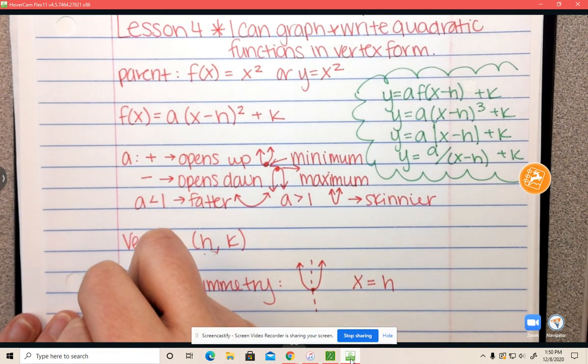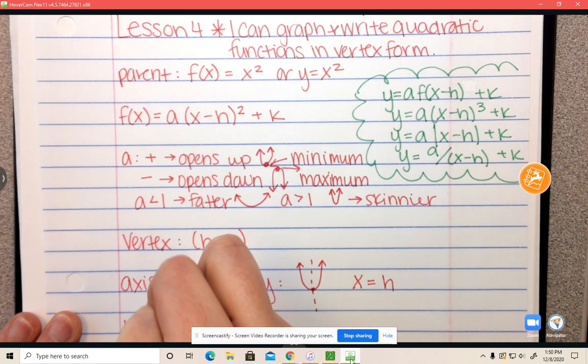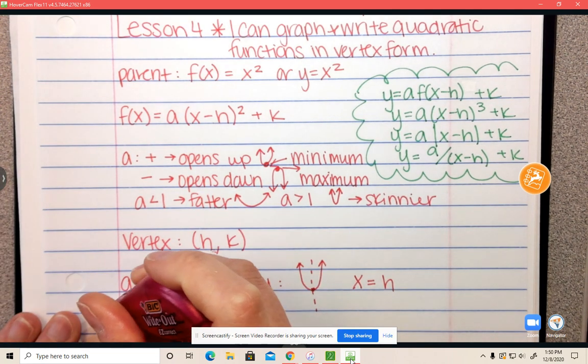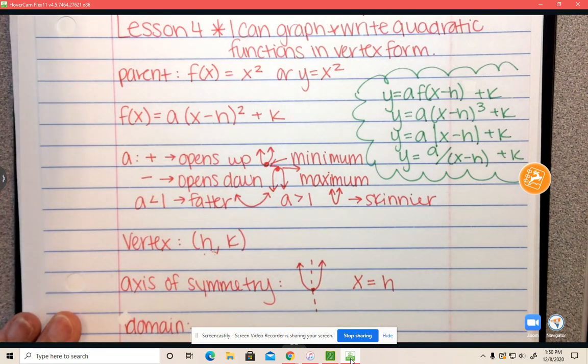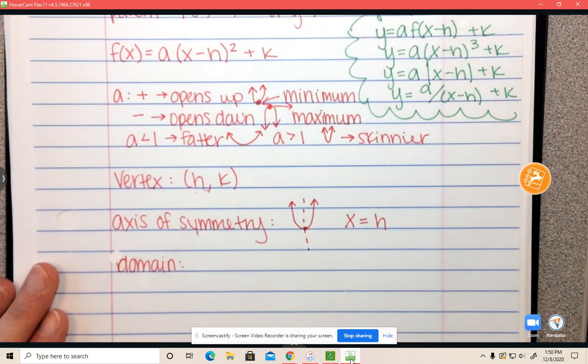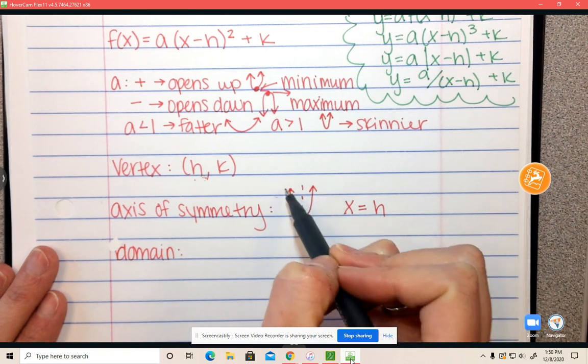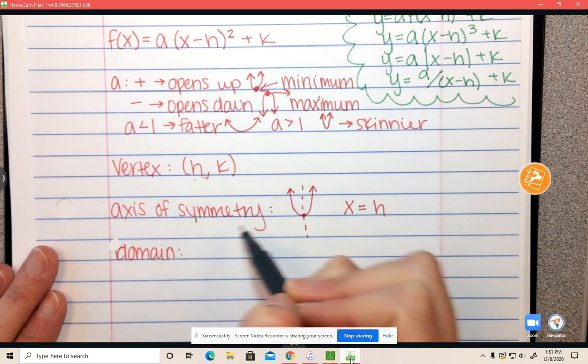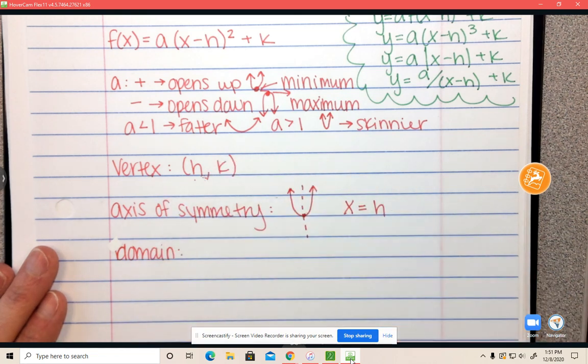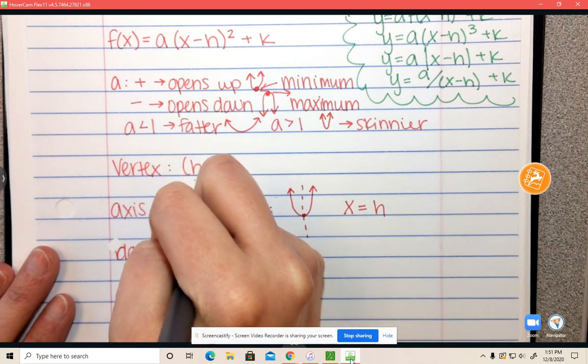You can also find the domain. Now, the domain for a quadratic function is really easy. It's all real numbers, always, because the arrows go on and on forever on both sides, so we don't know where it's going to stop. So there are some different ways to denote all real numbers.